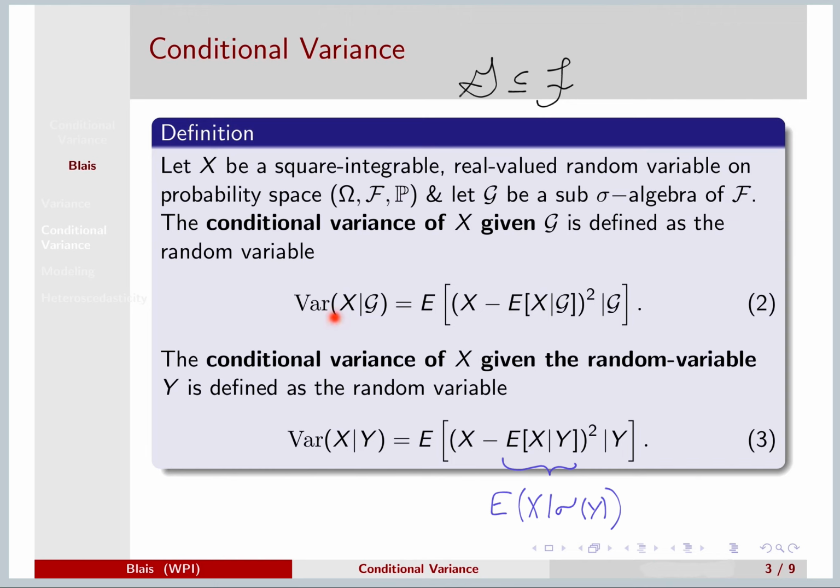So what is your guess at the variance of X given this information in G, or given the information encoded in the random variable Y?